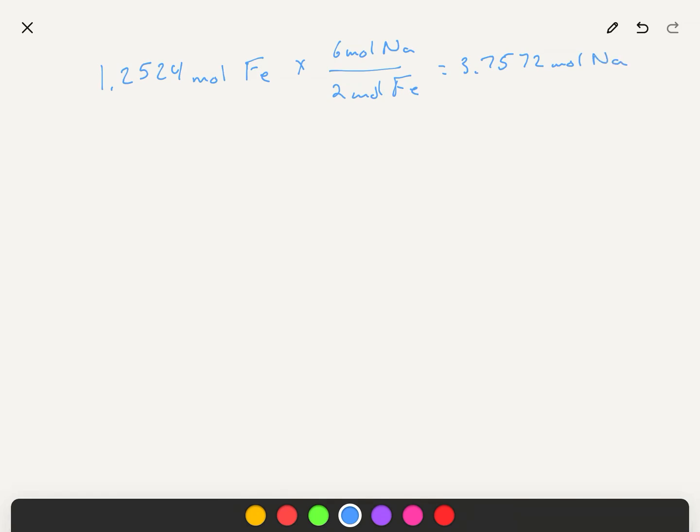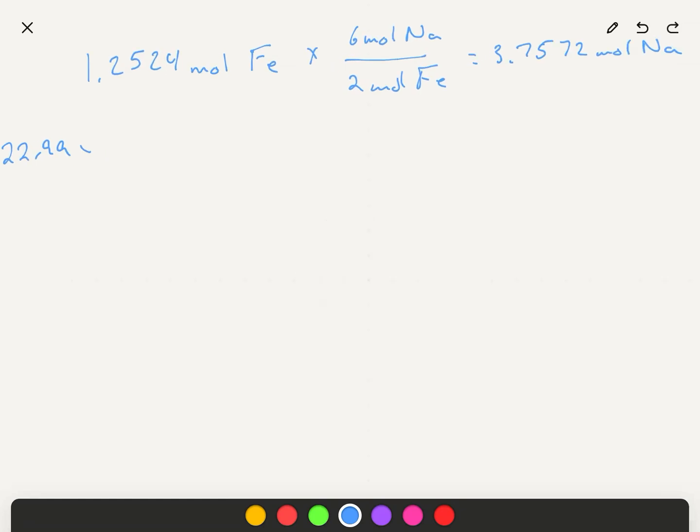So now we take our molar mass of sodium, which we already looked up as 22.99. We're going to multiply that times our 3.7572 moles. Our moles will cancel out, and that will tell us how much sodium was actually used in grams.